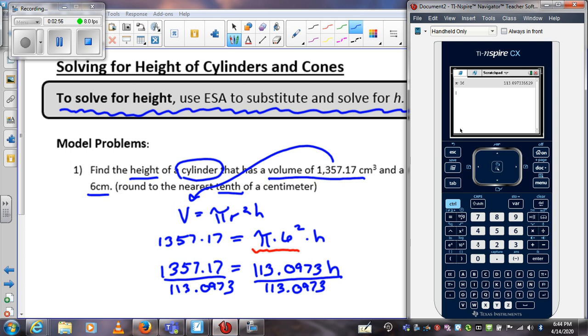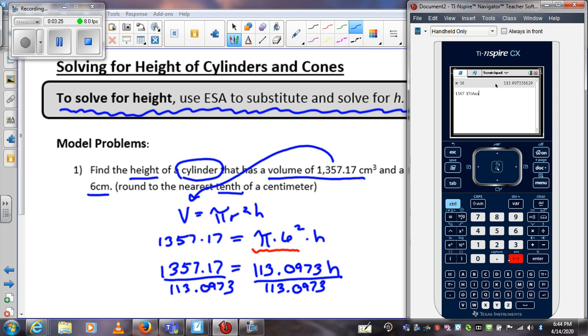I'm going to type in the 1,357.17 and hit divide by, and since the last thing in my calculator is that big long decimal, I'm going to hit, and maybe you can see it, ANS. You probably have that somewhere on your calculator, even if it's a cell phone calculator.